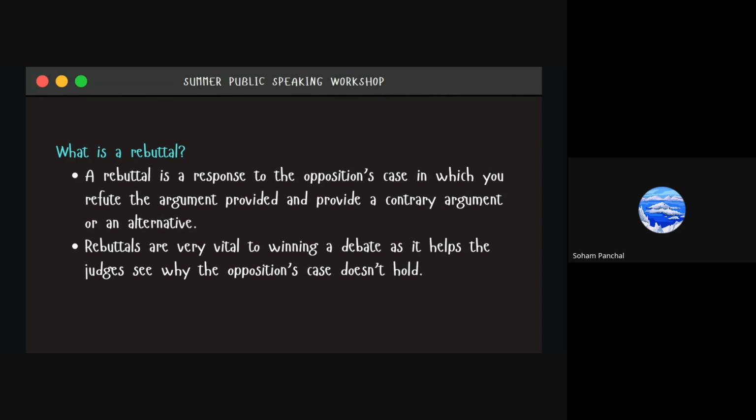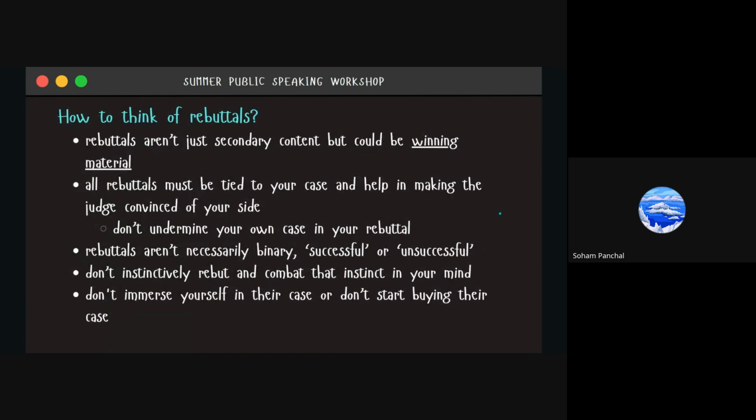It is a very vital part of debating, as it helps the judges see why the opposition's case is much worse compared to yours, or why it does not hold up. So they are very important in winning the debate and showing the judges that your case stands, as well as that the opposition's case is not what it seems.